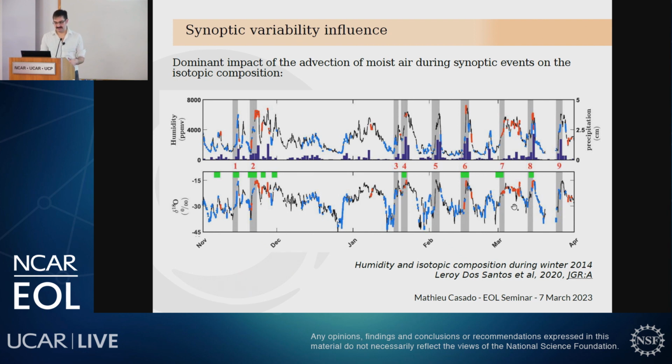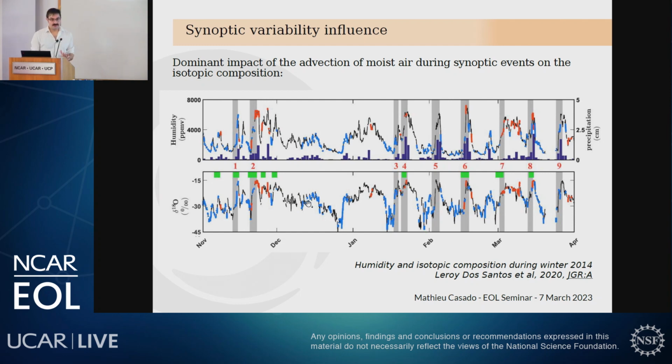Most of the variability of the isotopic composition in the vapor is due to the advection and the regular coming of synoptic events. So typically here, the bottom graph would be the delta 18O, and you can see that every time there is a storm, with those dark bars, there is a huge change of delta 18O. And here, for example, we can see a little bit of the diurnal cycle, but this is almost nothing.